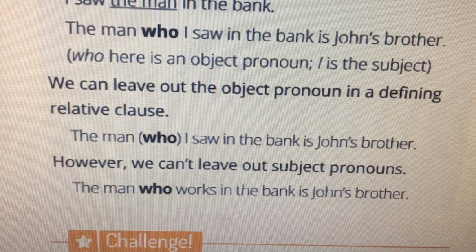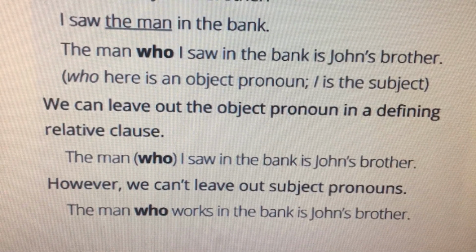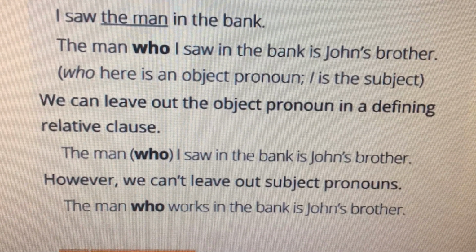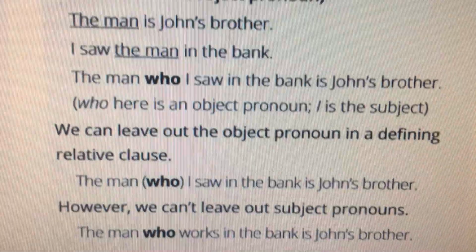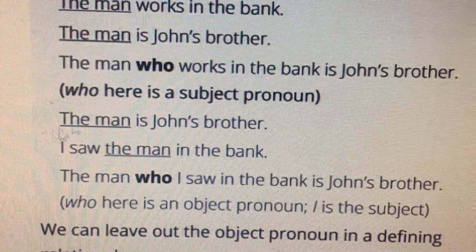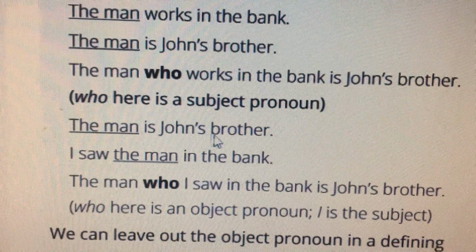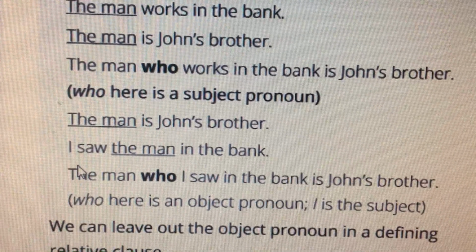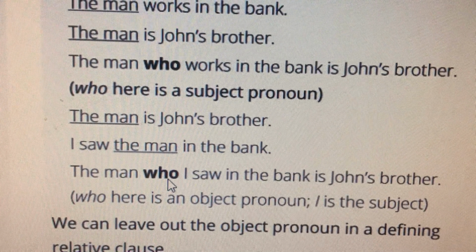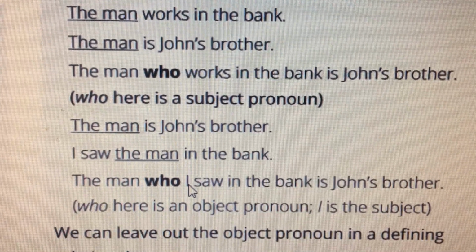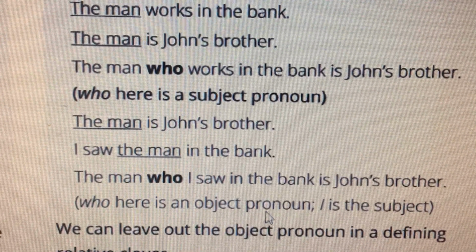We can leave out the object pronoun in a defining relative clause. Okay, let's go back up. This one, the man is John's brother. I saw the man in the bank. The man who I saw in the bank is John's brother. Who here is an object pronoun.